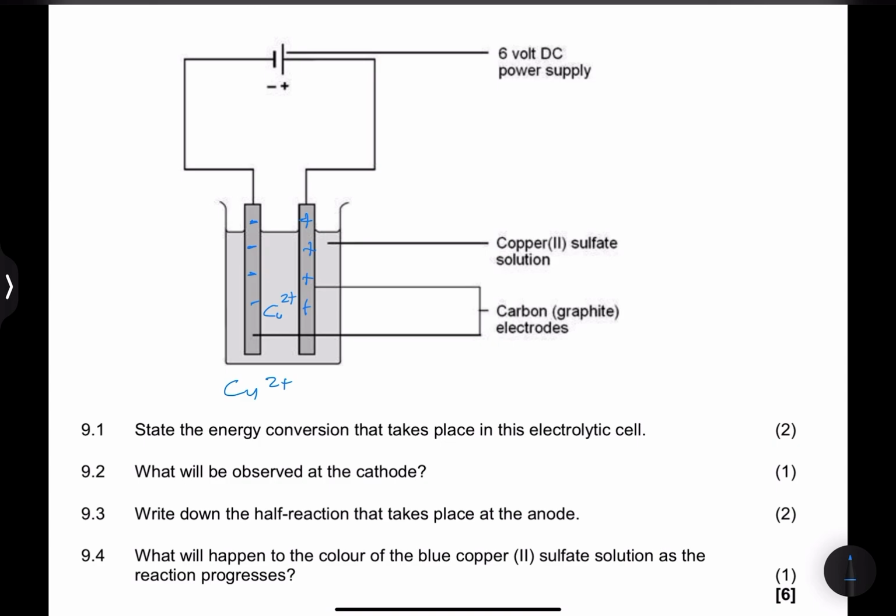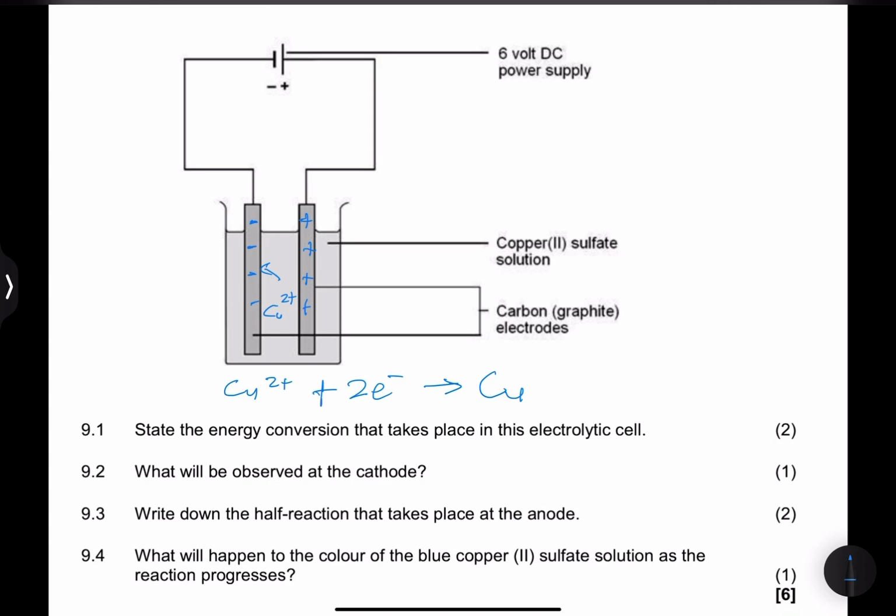So what will happen on the negative electrode is that your copper 2 plus ions would be attracted to this side. Therefore, they would gain those electrons, so reduction would take place there. And in this case, you'd find copper being deposited there. Remember where reduction takes place, that's the cathode.